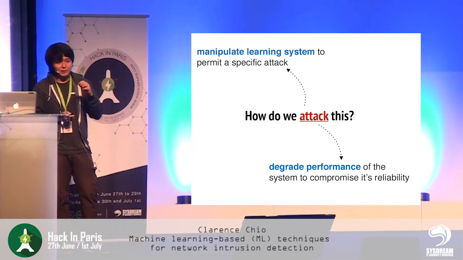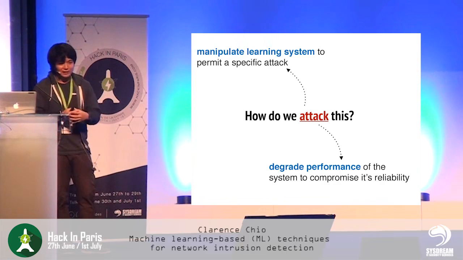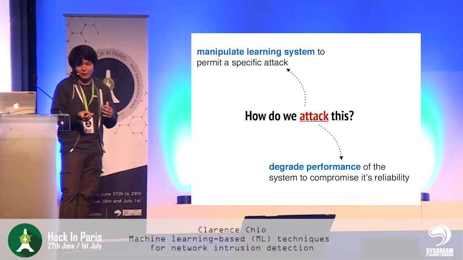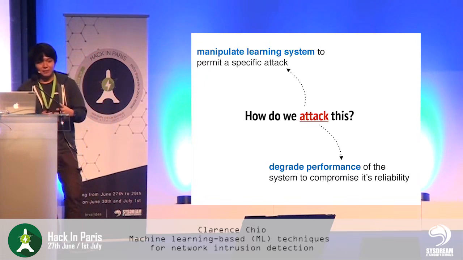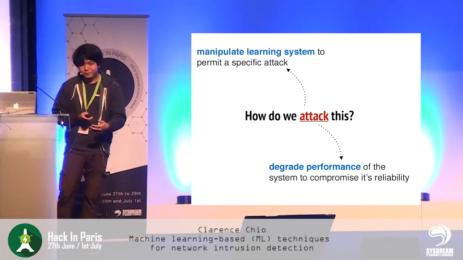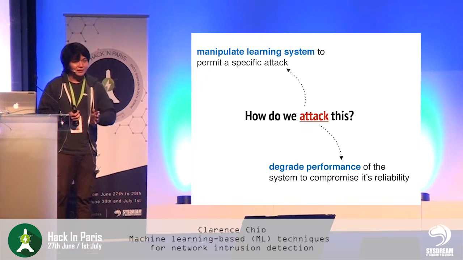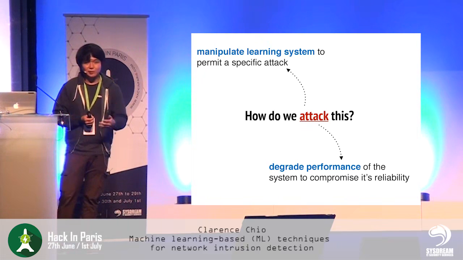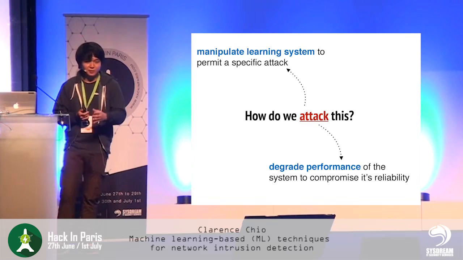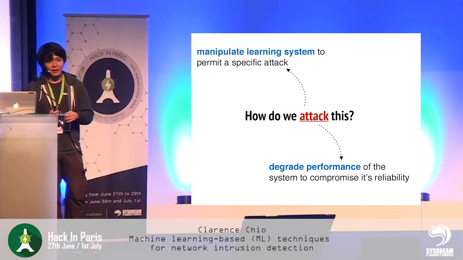And so what you would do is slowly feed in data to try to manipulate what the model is learning, because the Gmail model is learning over time. It is adapting whatever it learns over time to keep up with the latest variations of malware. And so the idea is that by slowly doing this, you can start to change what the model is learning and then start to permit certain things slowly. And you'll be able to get past eventually.